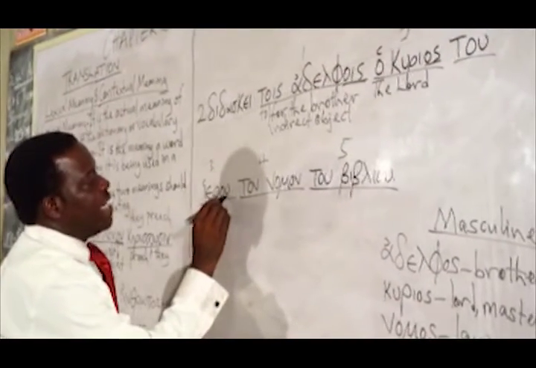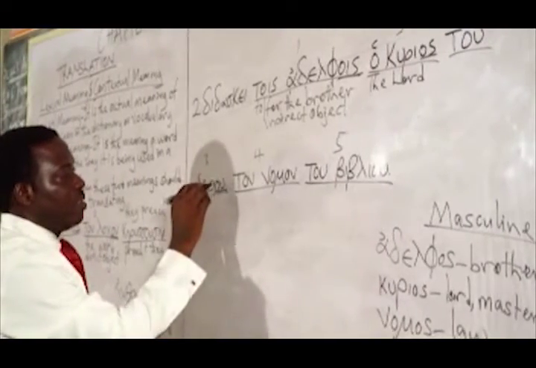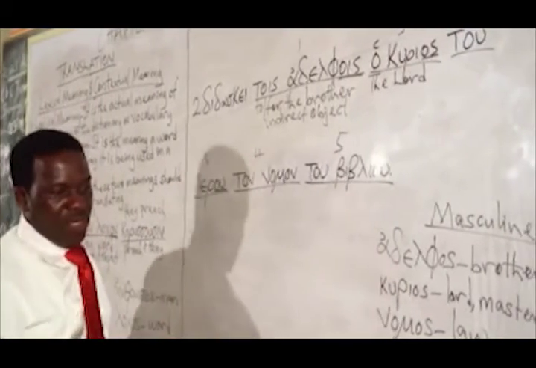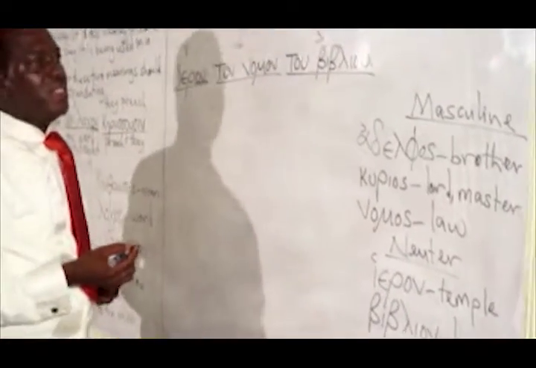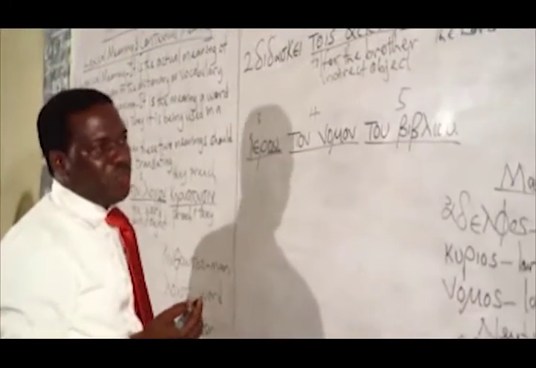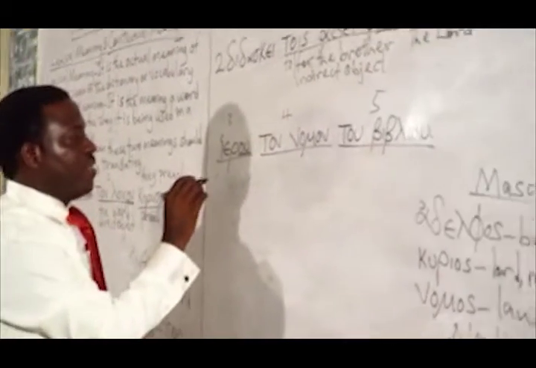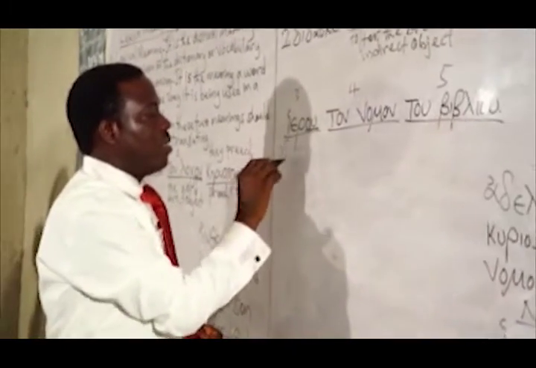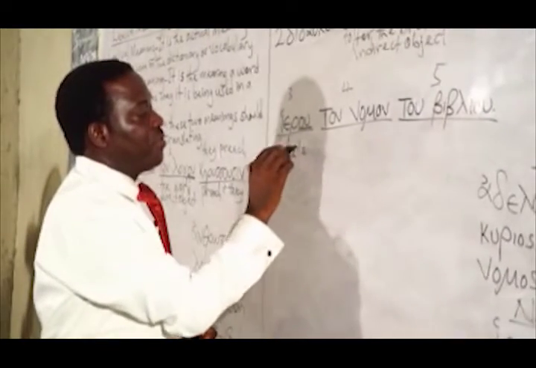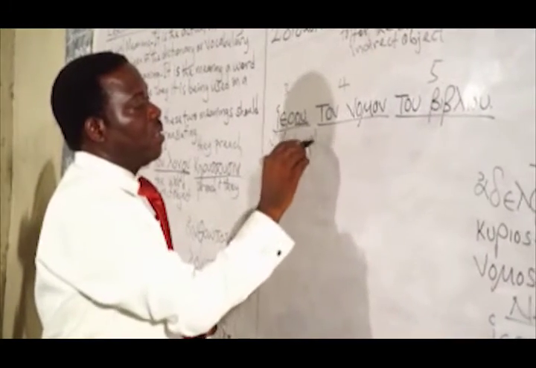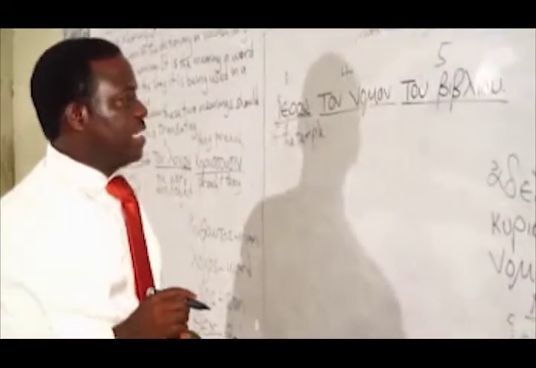We identify the ending. The ending is genitive singular, but it's a neuter noun. Since it is genitive, it's possessive or possessor. Then this will now be of the temple, since it is the possessor of the temple.